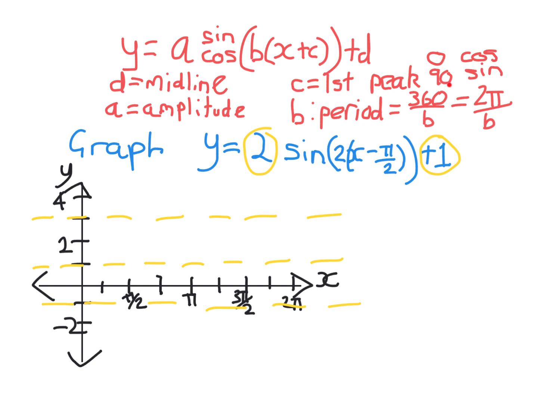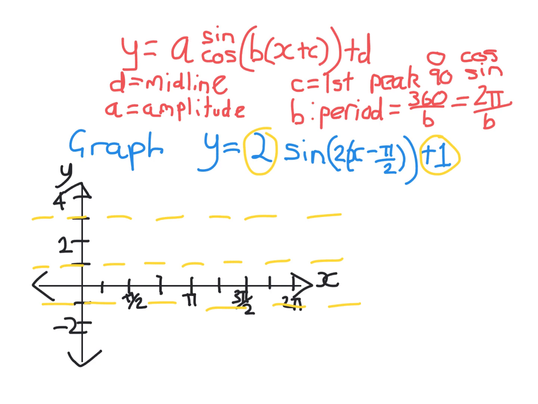So after we've done D and A, we're going to identify the first peak. The first peak occurs at 0 for cos, and for sine it occurs at 90 degrees or pi on 2 radians. What we're going to do is find where the first peak of this graph occurs.